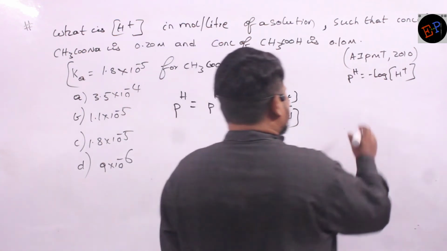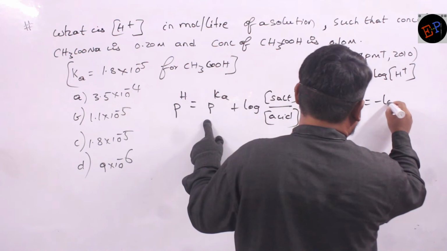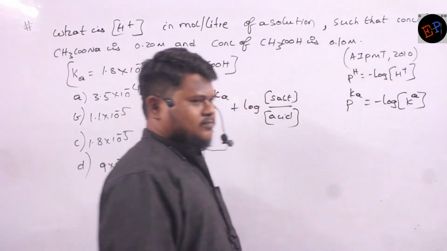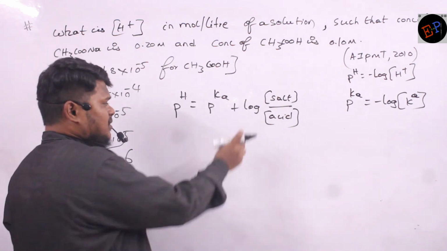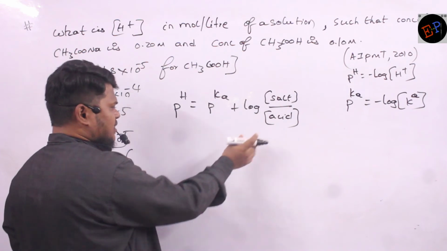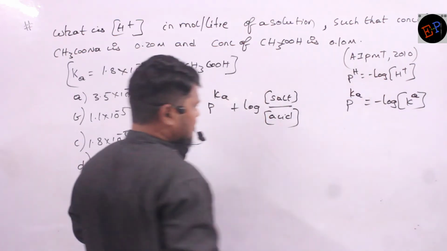Similarly, pKa, how can I write? pKa can be written as the negative logarithm of Ka. So therefore, here we have one logarithm. Listen very carefully how we can solve this one. Here already we have a logarithm, and here also there is one logarithm. Here also there is one logarithm.